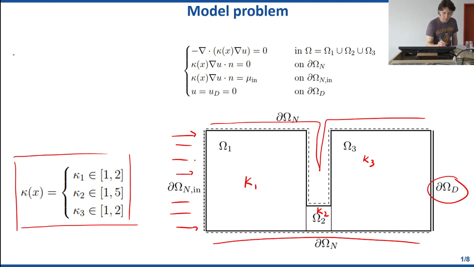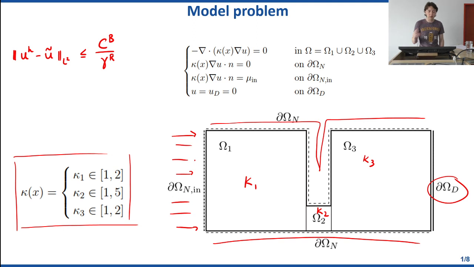The thing that we came up with was that the norm of the error, being the norm of the difference between the high fidelity finite element solution and the reduced basis solution, u_h minus u tilde, and so far we've been talking about L2 norms, was bounded by the residual divided by the stability constant of our bilinear form. And then we again had approximation strategies for C_B and gamma_R that I'll talk about in just a second.